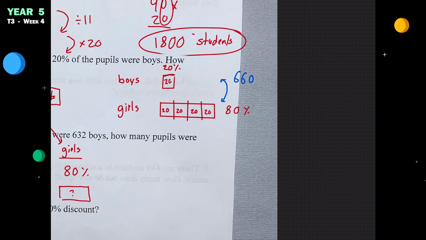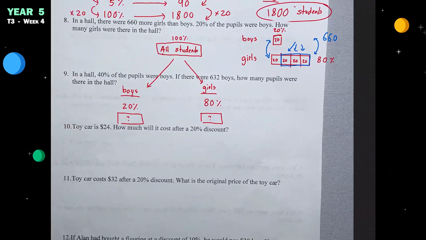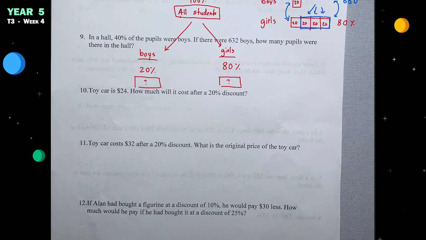So this is your 20%. Okay. So these are all percentages. Now the more is the part that's missing. All of this is the more part. So they both have 20%, but the girls have this extra 60%. Okay, so that means that in terms of percentages, the girls have 60% more than the boys.